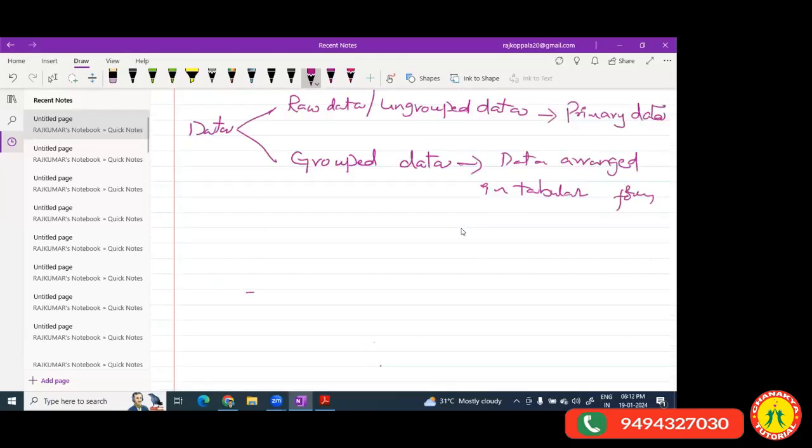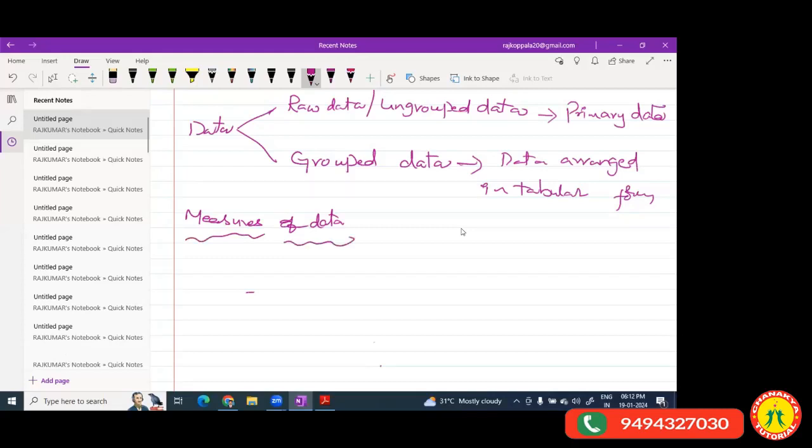To manipulate the data, we have some measures of data. So for example, take the marks of 10 students. All 10 students' marks we will handle. From that we will get the maximum mark and minimum mark.